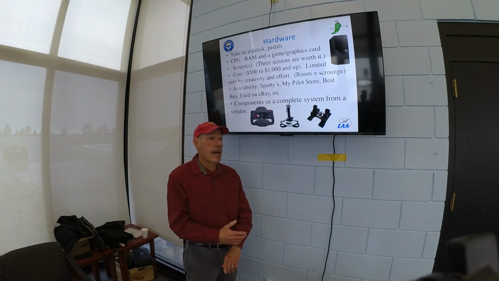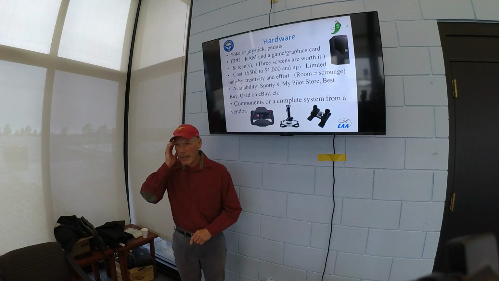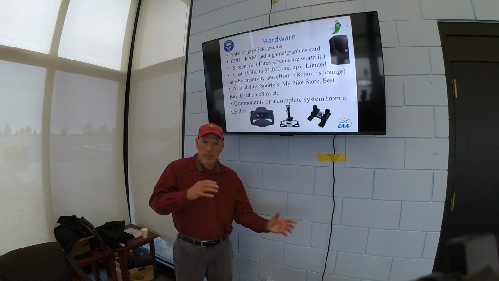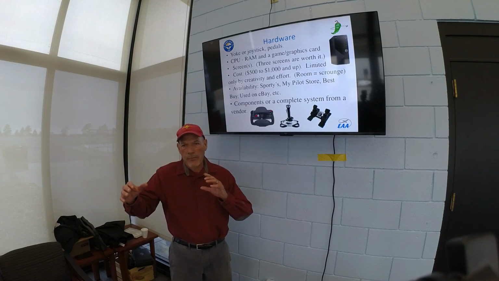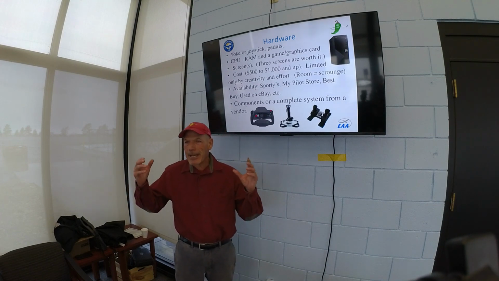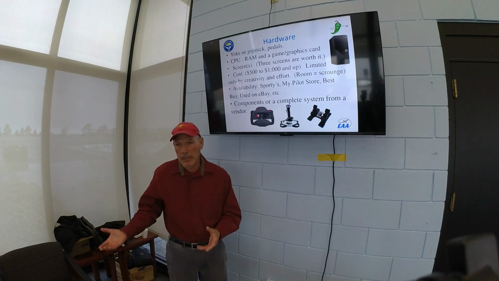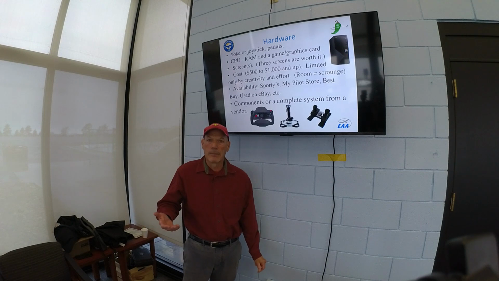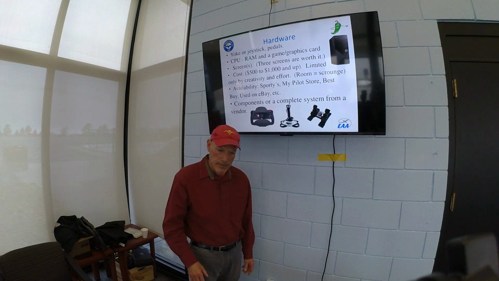I'm not an IT guy, and I didn't want to be spending a lot of mental energy. Is this yoke going to work with these pedals? How do I get the software to recognize it? Yada, yada, yada. I wanted something that I could take out of the box, plug in, and it would work. So I paid a little bit more for a vendor setup.